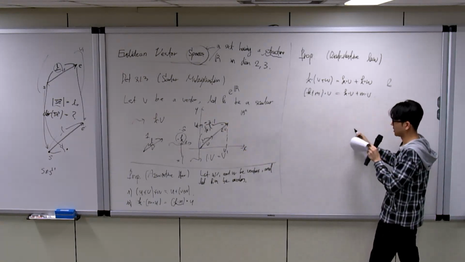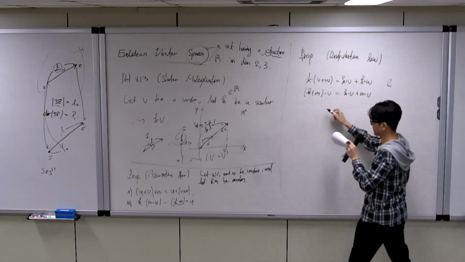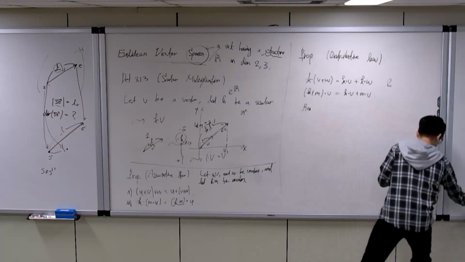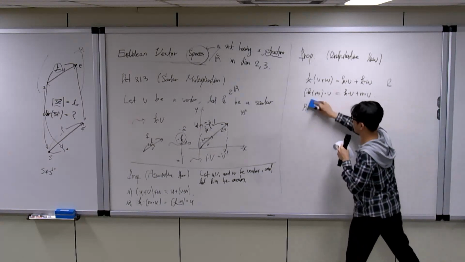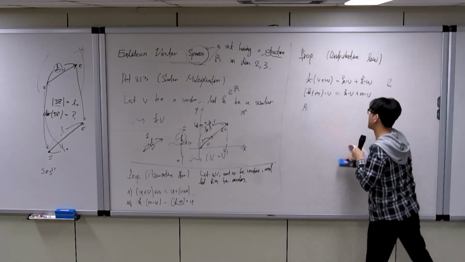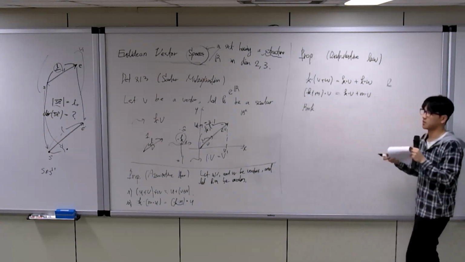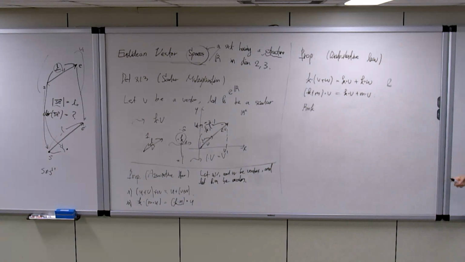So in this sense, we might be able to express the vector as a sequence of real numbers.